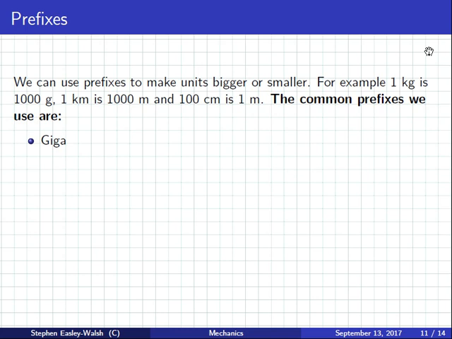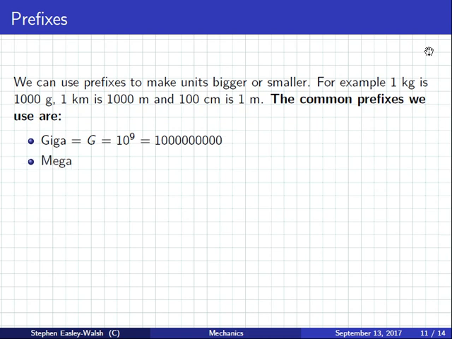We'll start with the biggest, giga. Giga is G, and that's 10 power 9. Which I think is a billion. So the giga is a big value, big prefix. Does anyone know what's next? Smaller than giga? Mega?